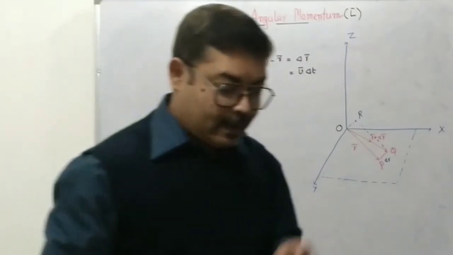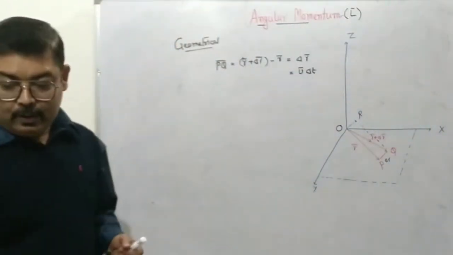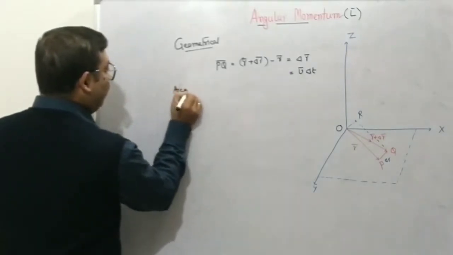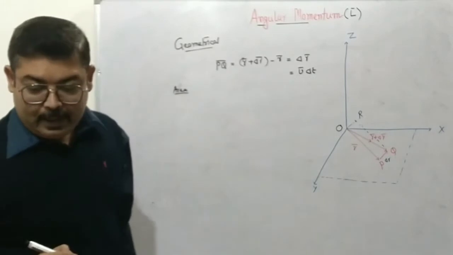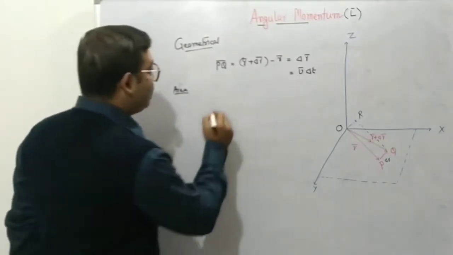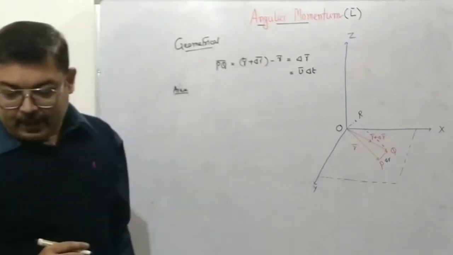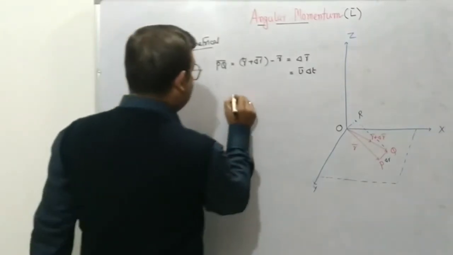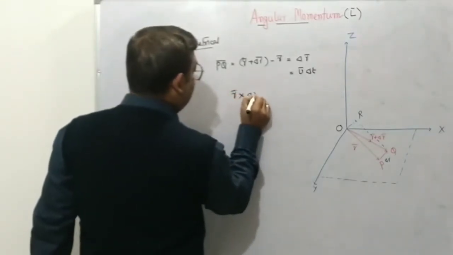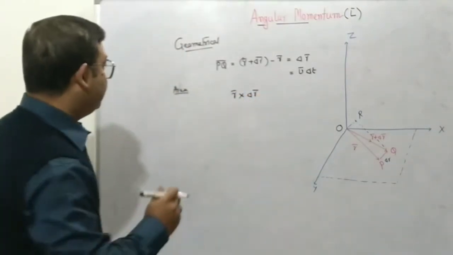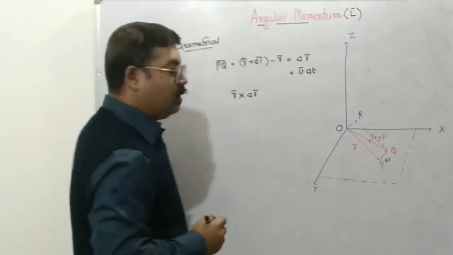The area of the parallelogram formed by the two vectors is given by their cross product, r cross delta r, which gives us the area vector of the parallelogram.